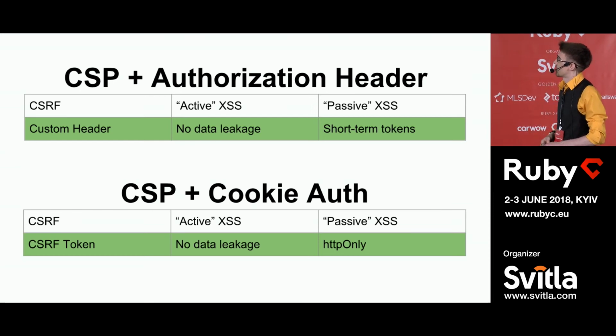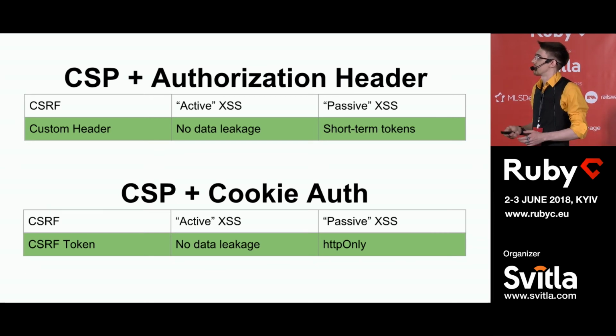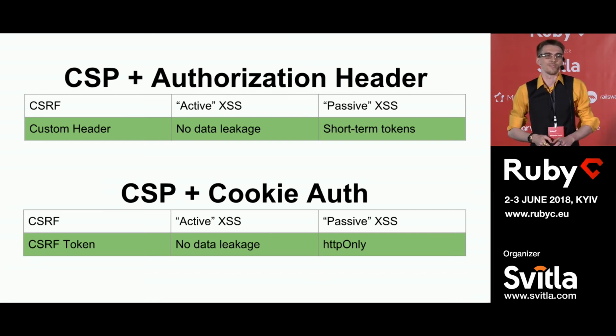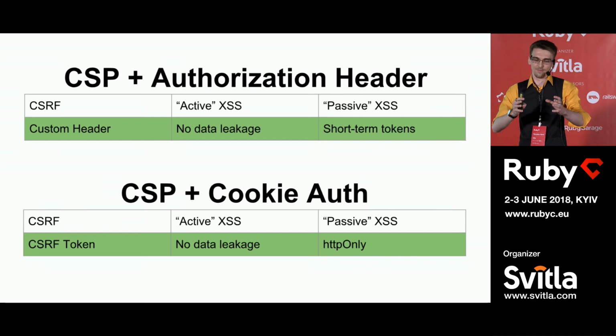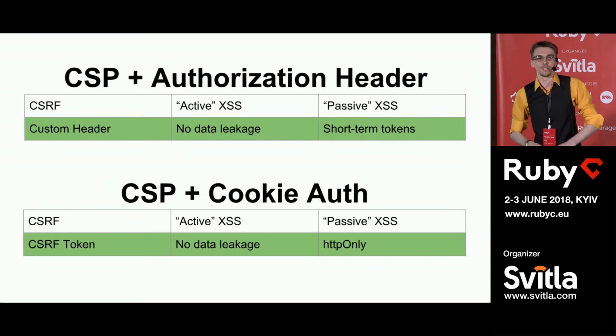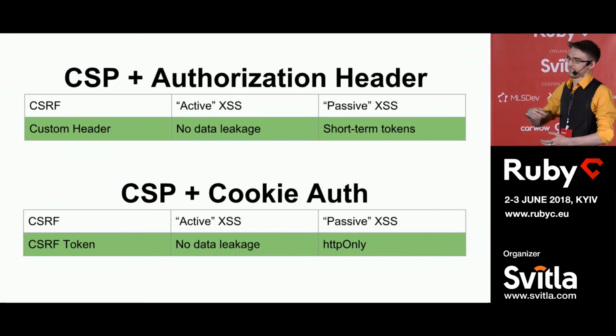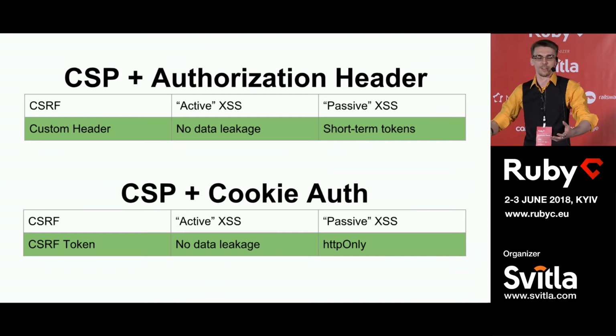And with an authorization header, if you set up CSP correctly, the attacker has no way to steal your credentials because you just forbid requests to any other site. So there is no way to steal credentials out of the application. And even if the attacker makes some requests, he cannot get the result out of that.